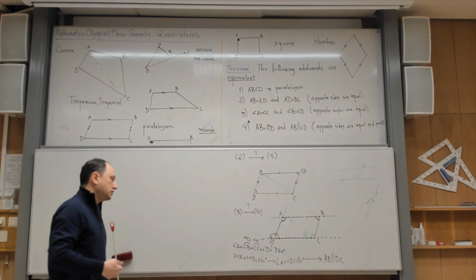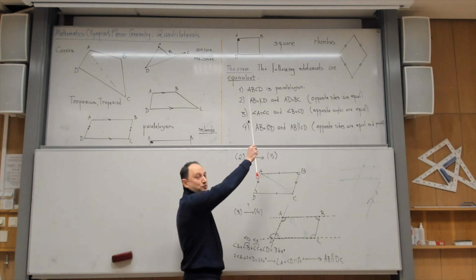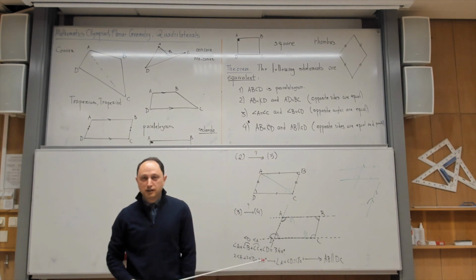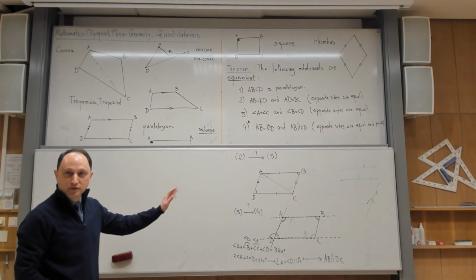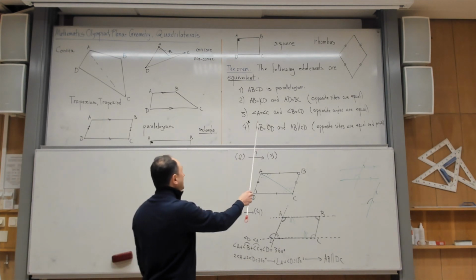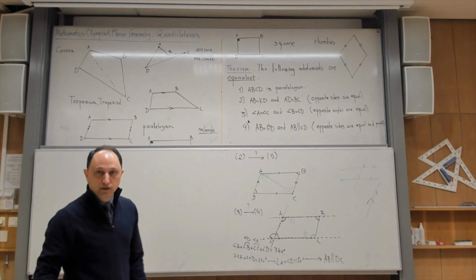Yes, you can somehow jump, conclude that one, and then come back. That's logically possible. But I don't prefer this because it would be a little bit unorganized, but that's also completely correct.